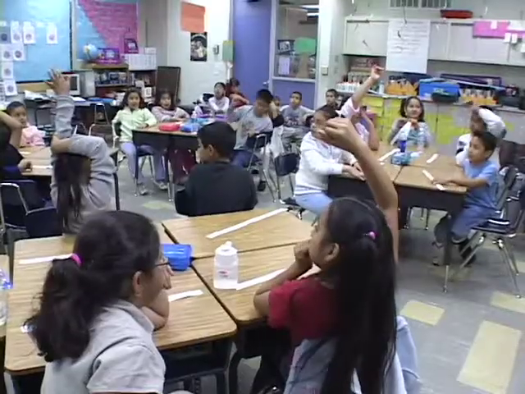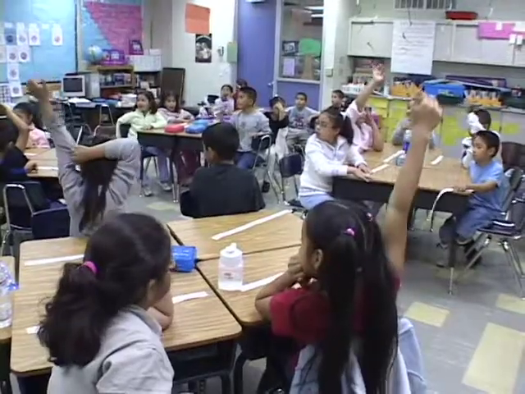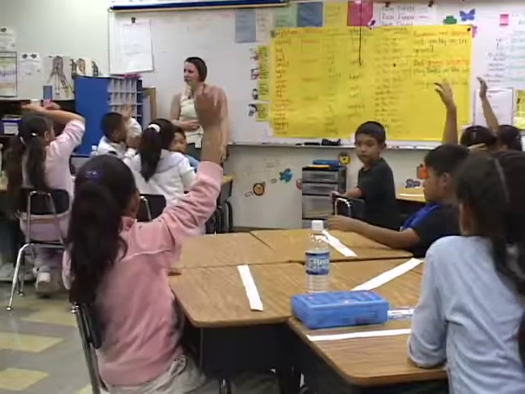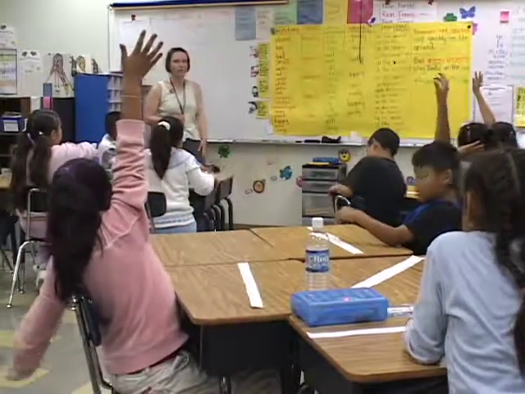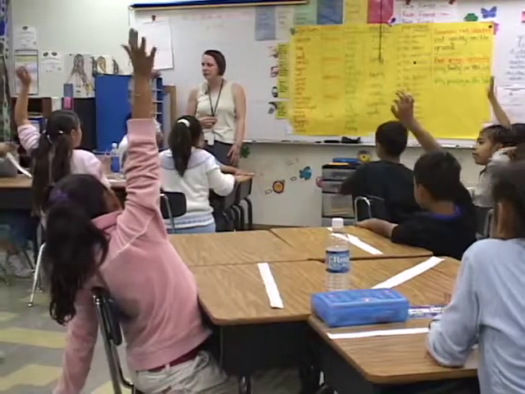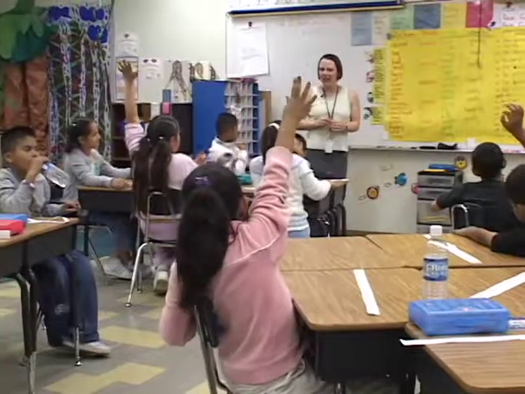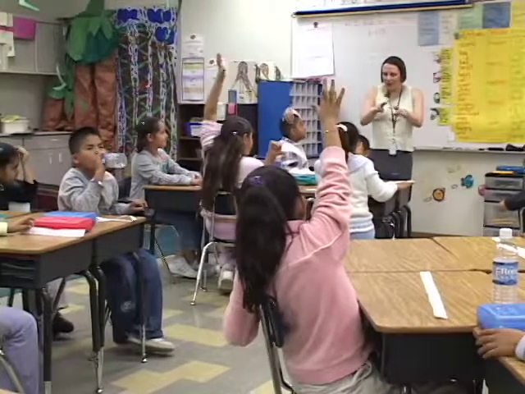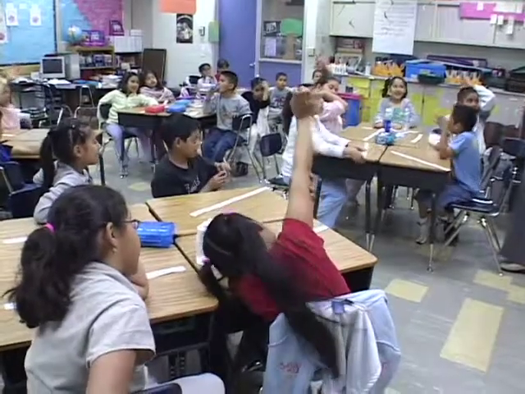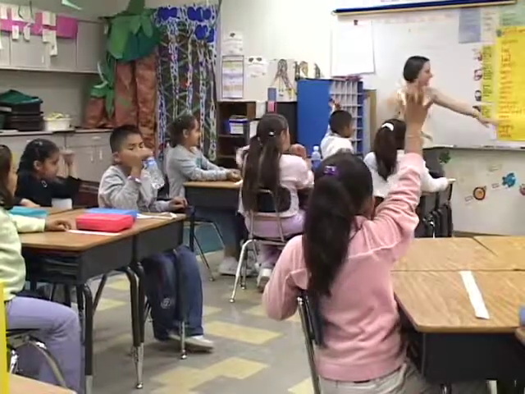Little. Are insects little? Absolutely. Are there some big insects in the rainforest? Are there some ugly insects in the rainforest? Are there some that you don't want crawling in your bed at night? Ooh, yeah.